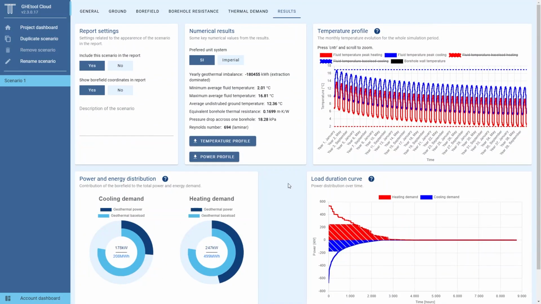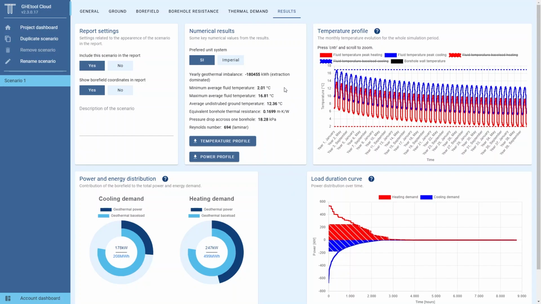So here we are. Sometimes, depending on the specific parameters you entered, your load profile or your borefield design, it can take a couple of minutes, but in the end we will end up with this result. So we have a lot of things to interpret here.